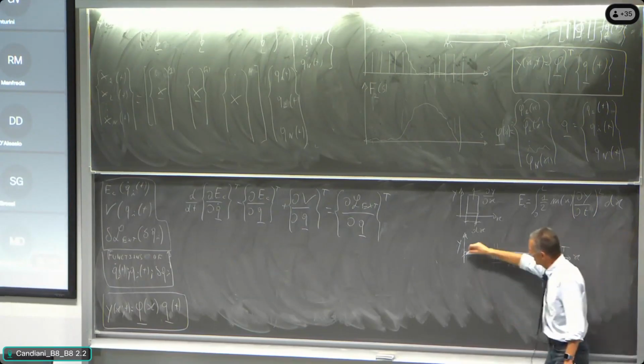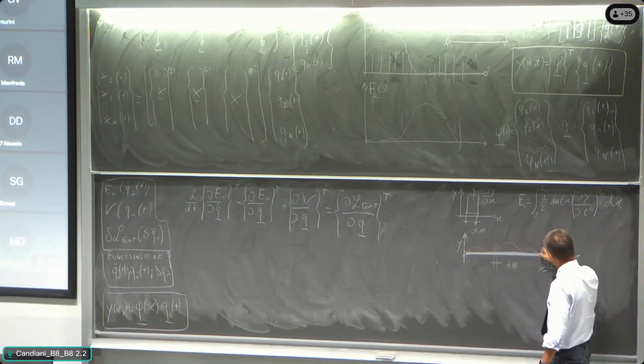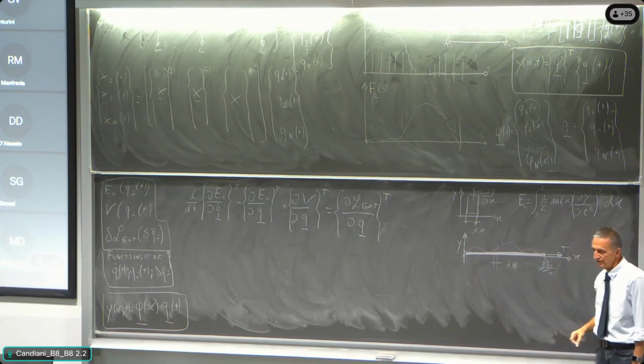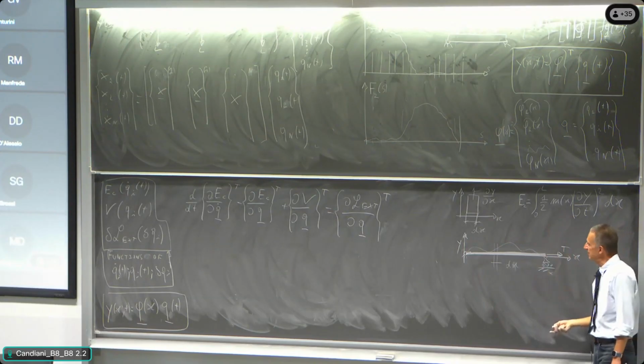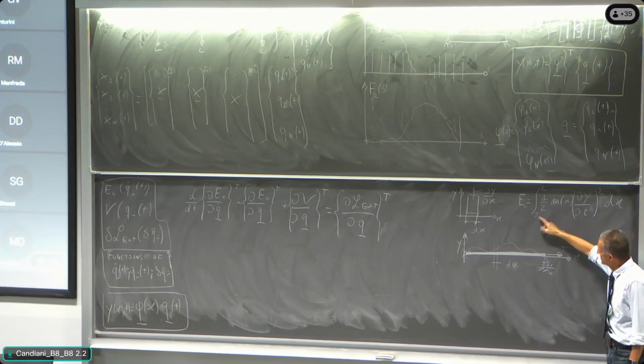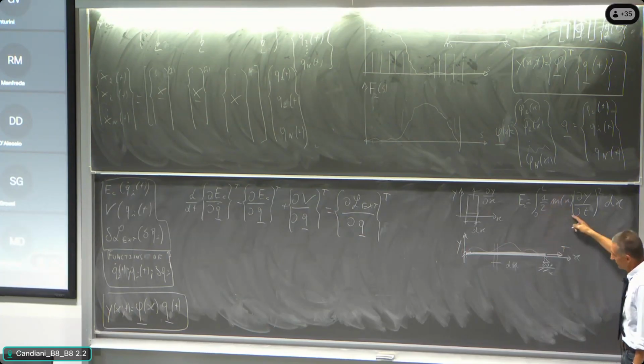Whatever is the way in which it is moving, the total kinetic energy will be represented as the integral from 0 to L of what? Of this object here, that is, the mass of the element dx multiplied by the square of the velocity.